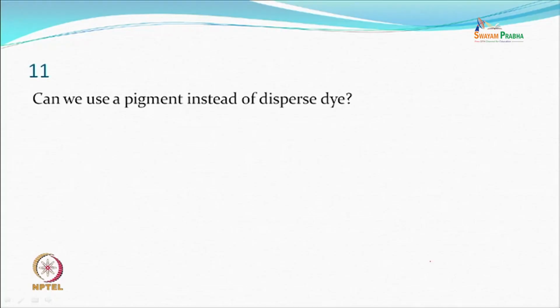I think it is also a question that does not look the way, but it still I believe is connected with the sublimation transfer printing. So, what it meant is a pigment also is like a dispersed dye, all right. So, can we use pigment as a dispersed dye? As long as it behaves like a dispersed dye.